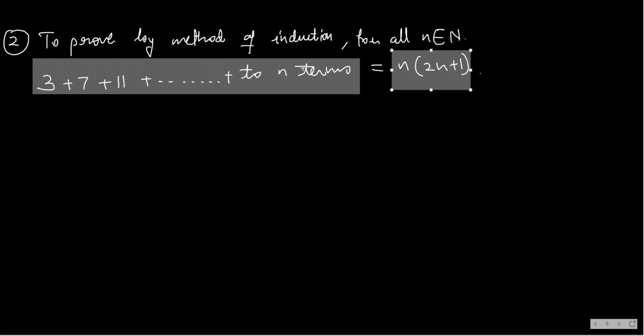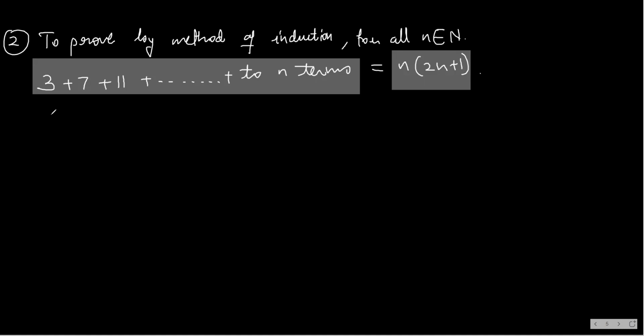Now because the nth term is not given, we will begin the proof, but before that we will have to find out the nth term. So here I will find out nth term. See, on the left hand side, or I can say that my solution has already started.